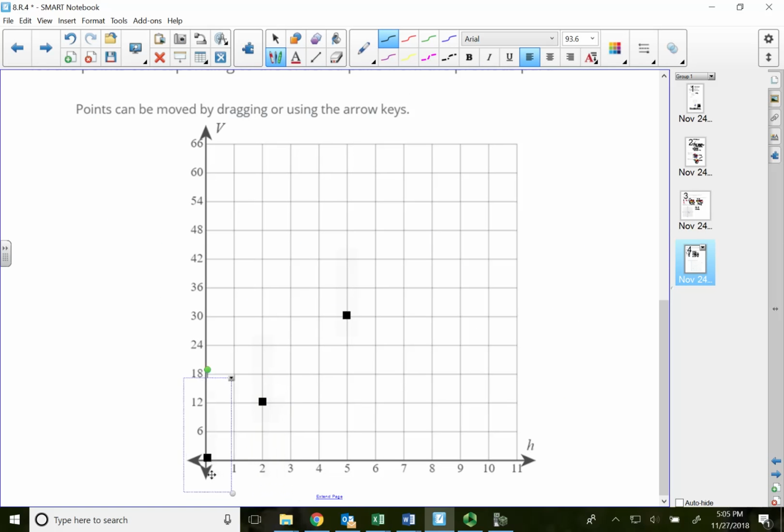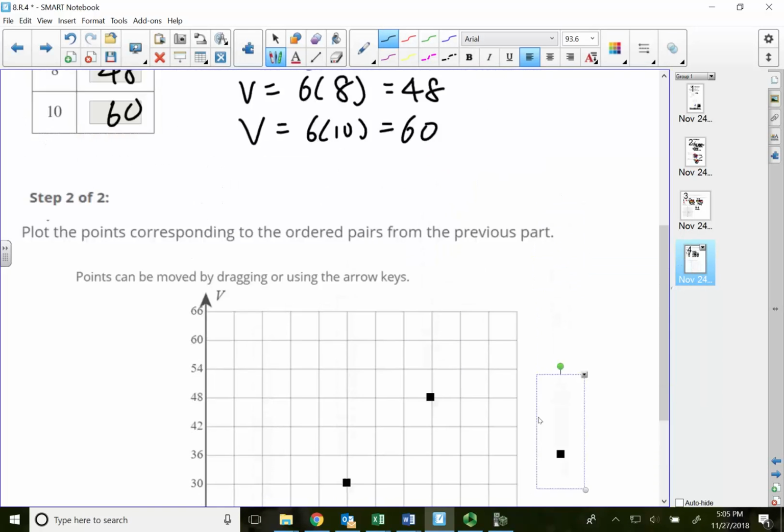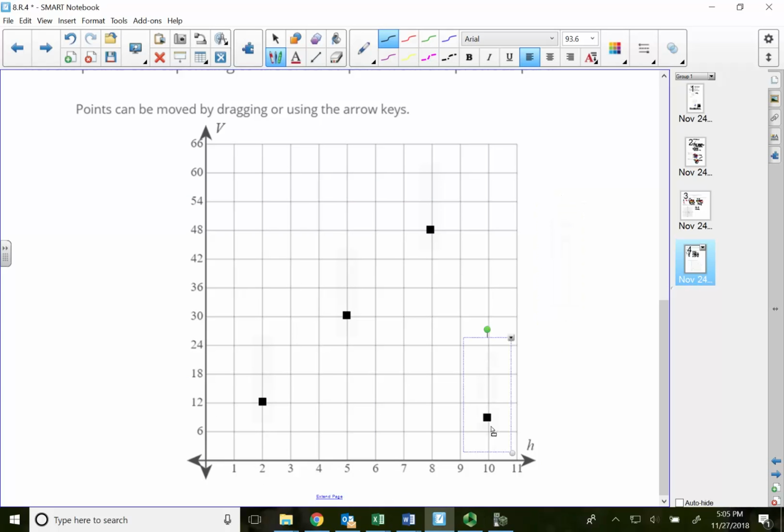Go to the right 8 and go up to 48. And the last one is 10 for x, y value is 60. Go to the right 10 and then go up to 60. There you go. So these are the points.